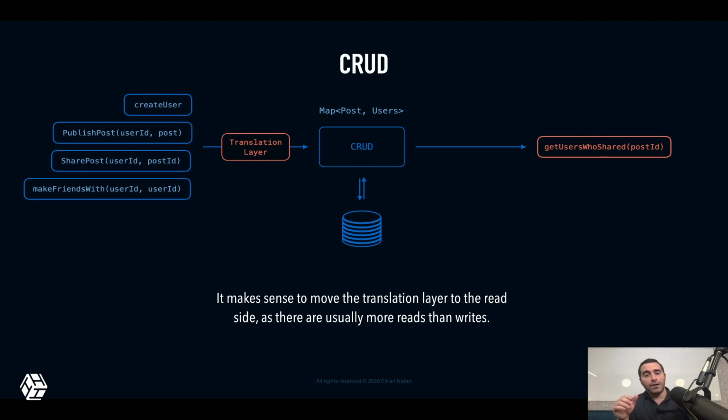For example, here we are preparing the data before we save it into the database in a way that we could answer queries faster. In this example, we create a mapping between posts and users that share this post. So whenever we are asked about the user who shared this post, we just fetch that mapping from the database and send the results.